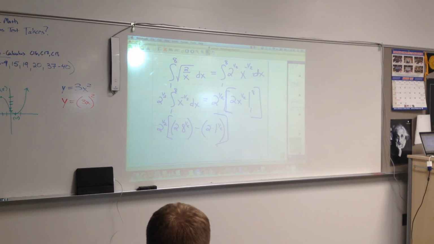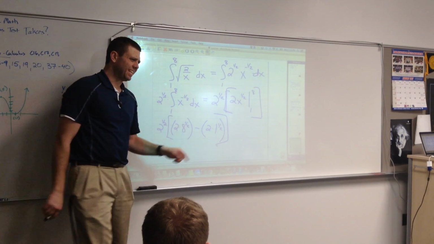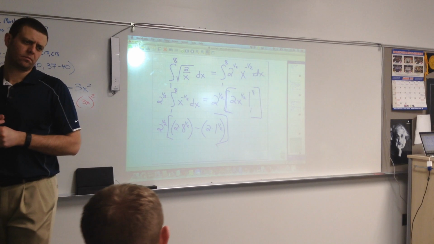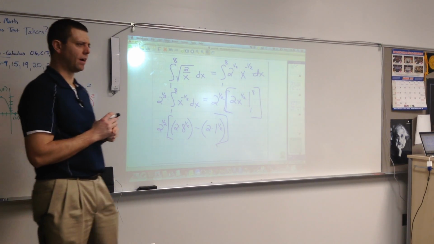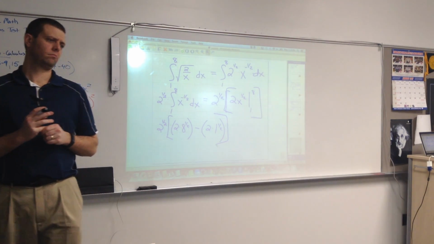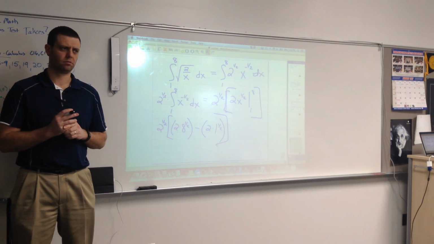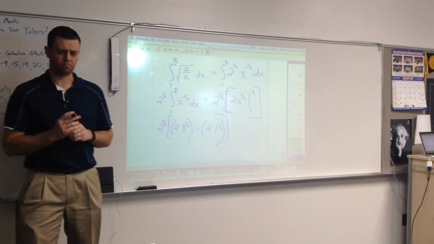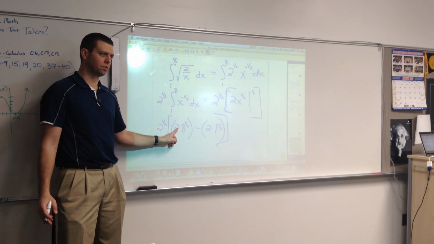See how good we are. Simplifying. What's 8 to the half power? Square root of 8. Simplify the radical. Oh, 2 square root 2. 2 root 2 times 2, 4 root 2.